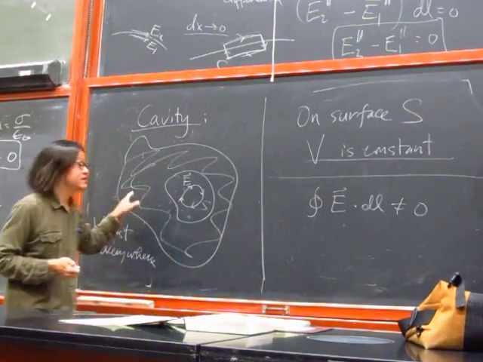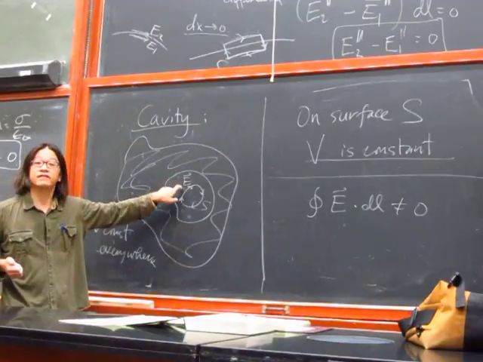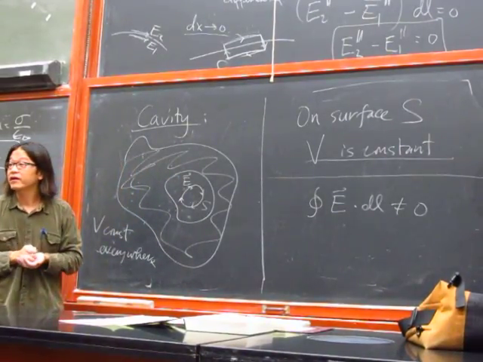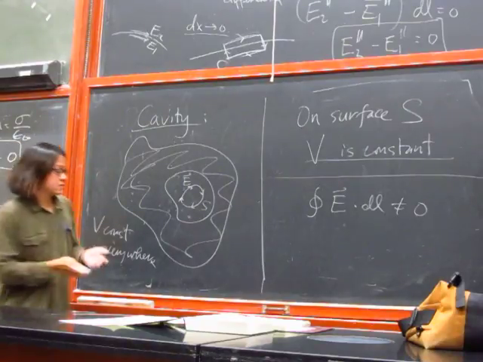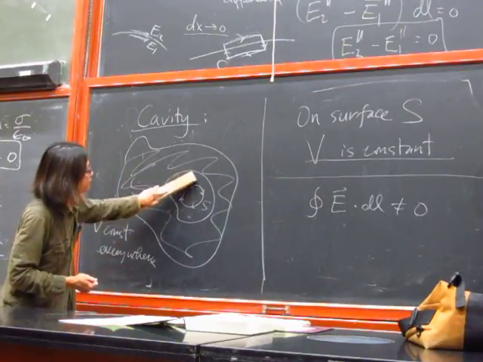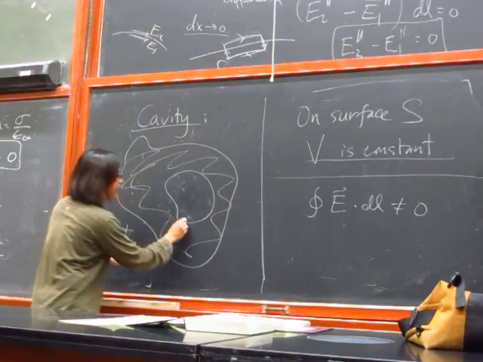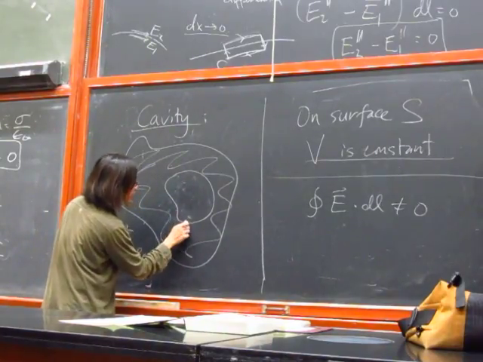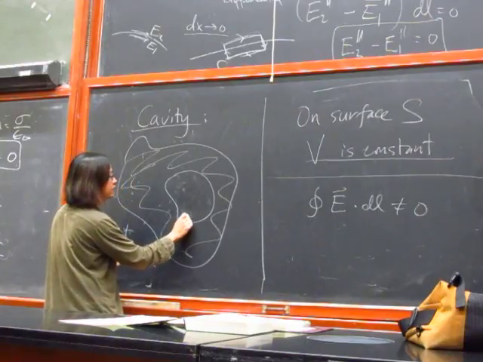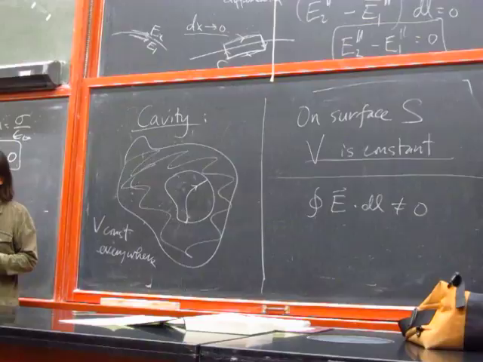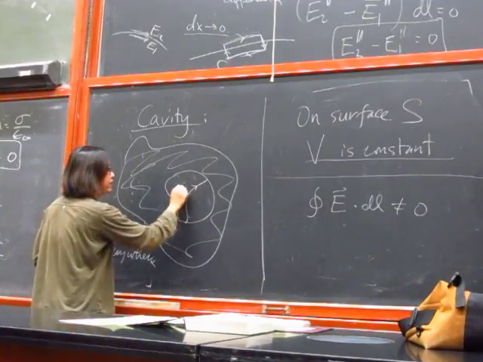Field lines cannot close onto themselves anywhere in this space. So if there is an electric field inside the cavity, then it has to start somewhere on the surface, and it has to end somewhere else along the surface.